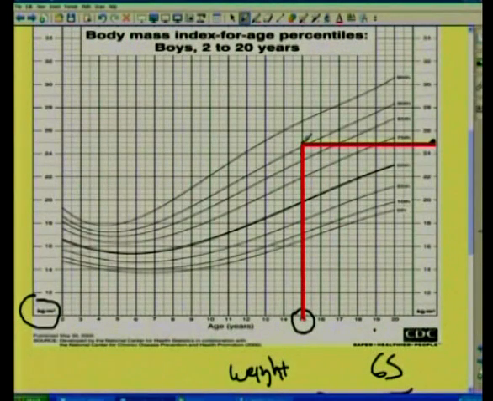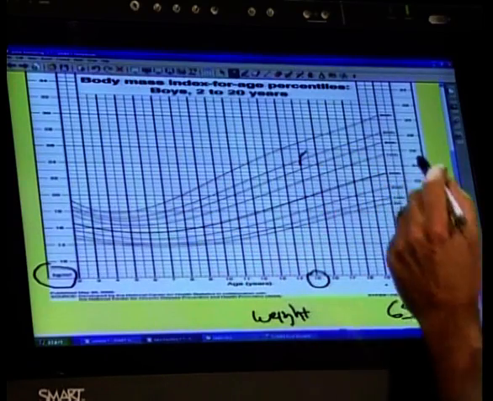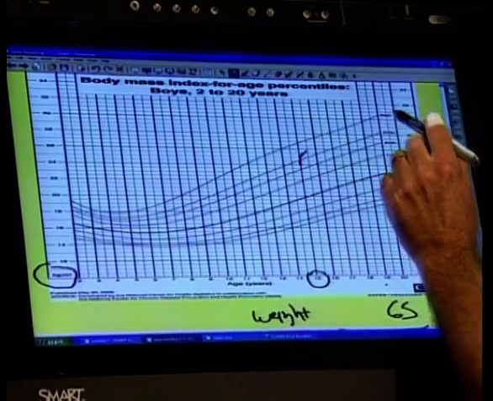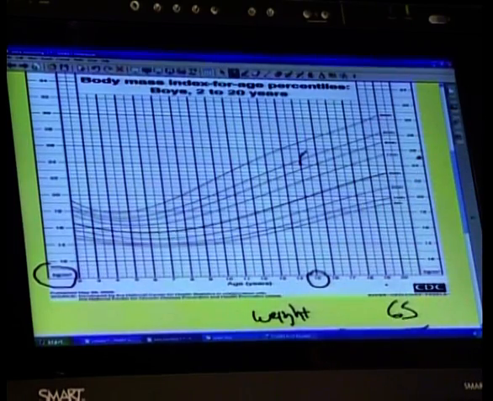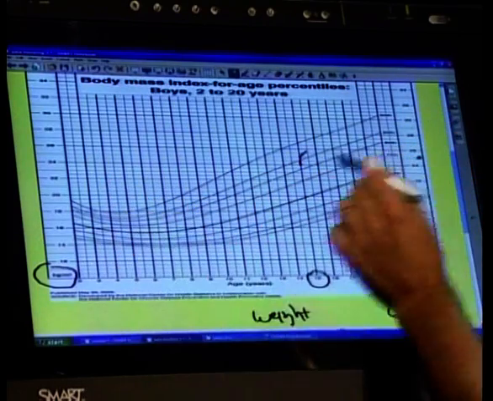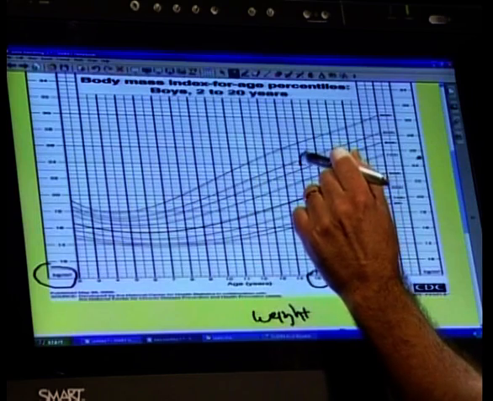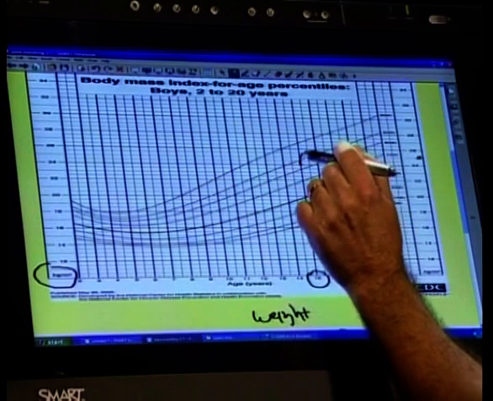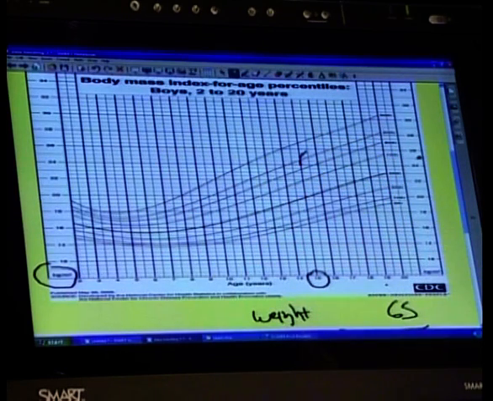Sorry, there we go. Now, having a look at this, if you look at these lines, I'm falling between the line that says 90th and 95th. This curve runs all the way from the left up here, and so do many of the others. My dot falls between 95 and 90.